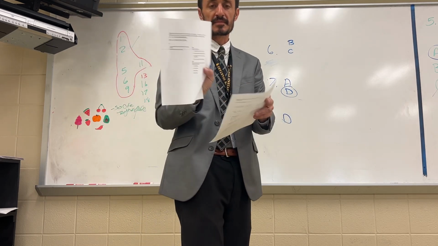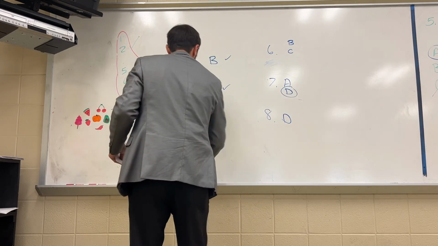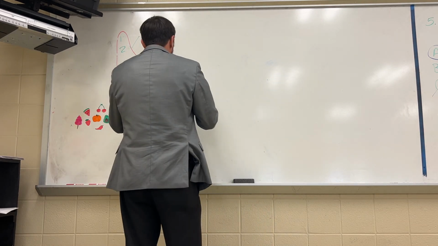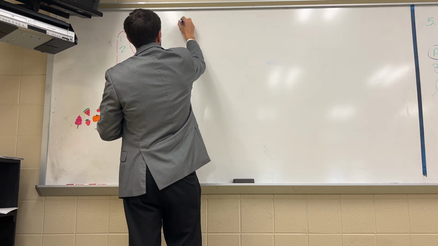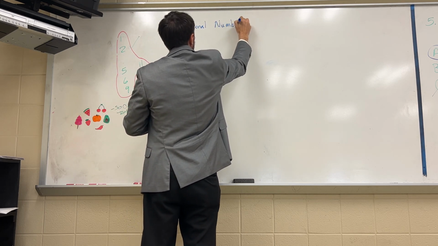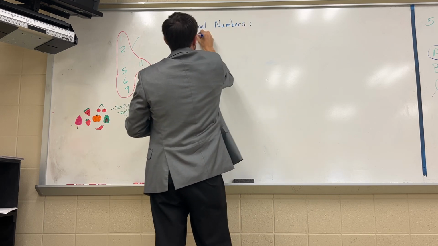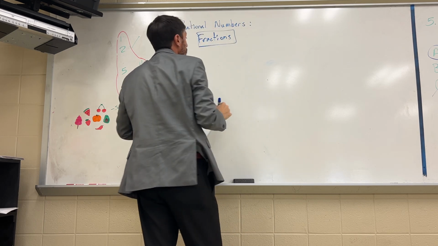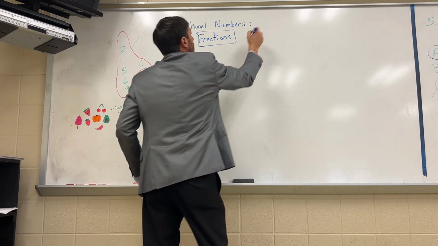Let's go to the very last page, the rational and irrational numbers. I'm just going to give you the briefing on the lesson that we did in class. Okay, so rational numbers are defined as fractions. This is really most any number you can think of.